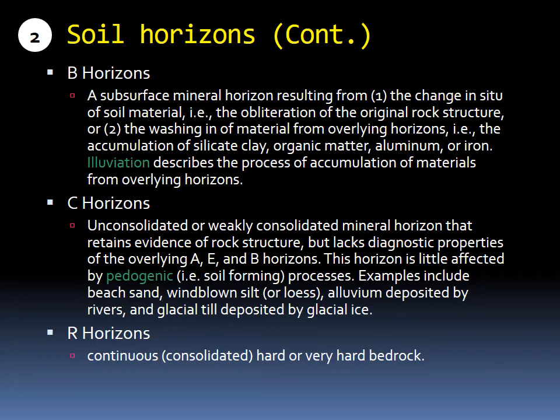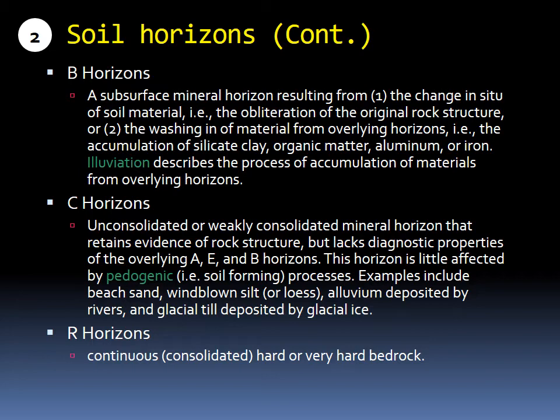Now, C horizon, as we said, is basically a rock that has been turned into a soil, into fine particles, and it inherits the same properties as the rock, because it is far away from the pedogenic process, from the soil formation factors and processes that happen at the surface, like the wind, the water, and the animals.